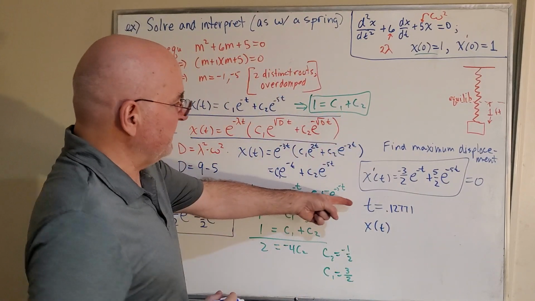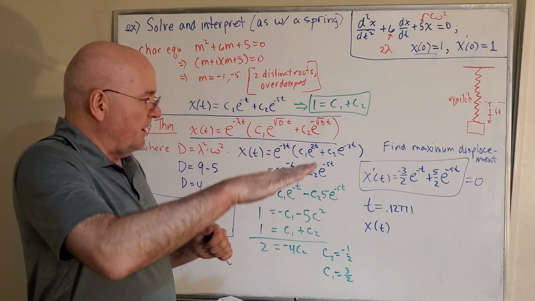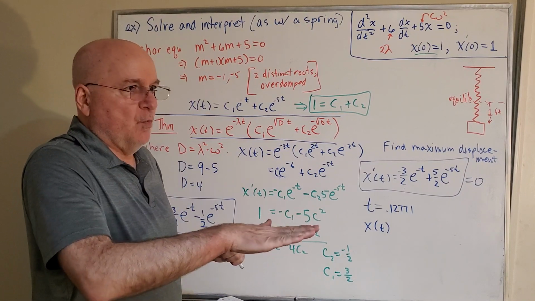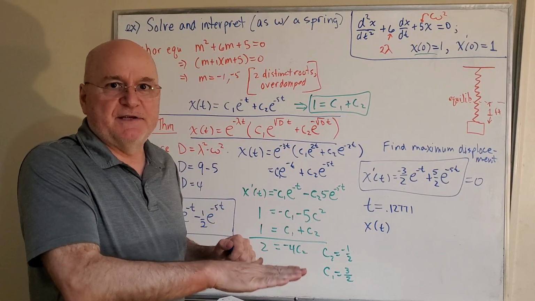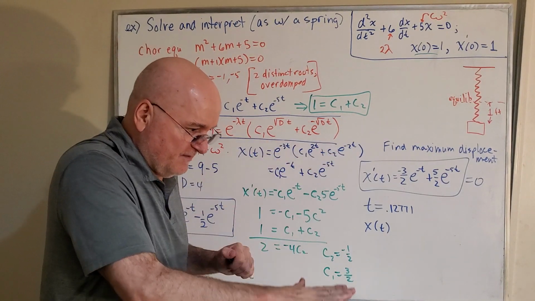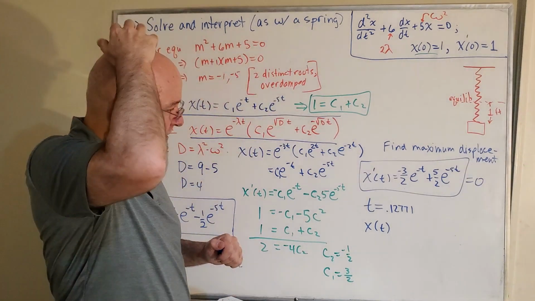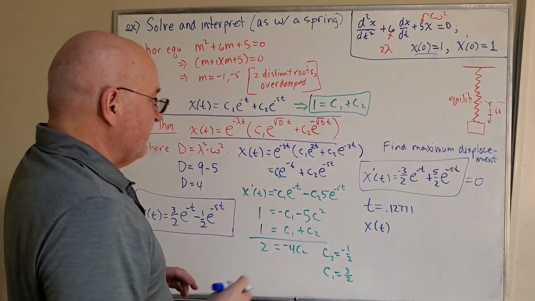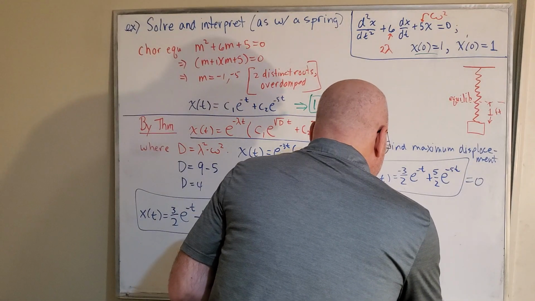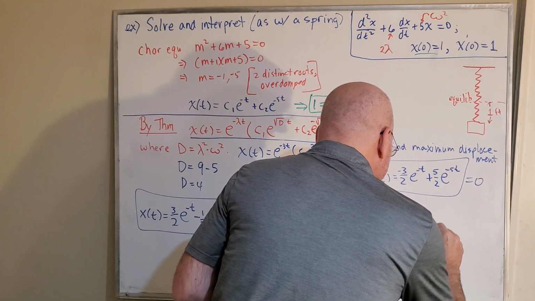So what that's telling us is if this thing is going up and down, where is the velocity 0? The velocity is 0 only when it reaches the farthest displacement away and then changes direction. So we've got x of t, which would be x of 0.12771.